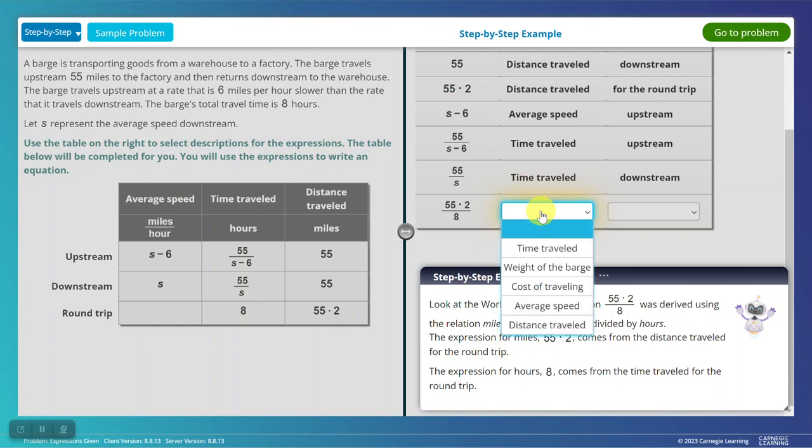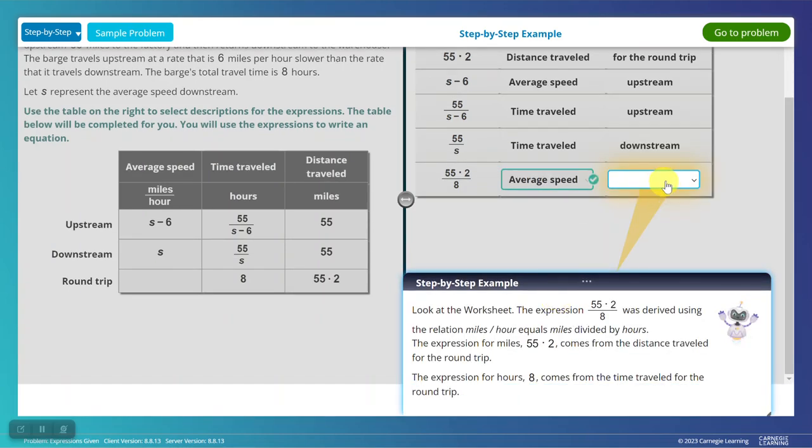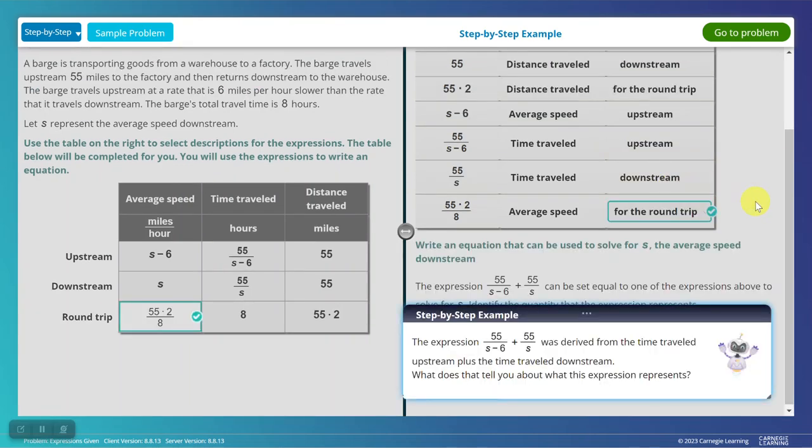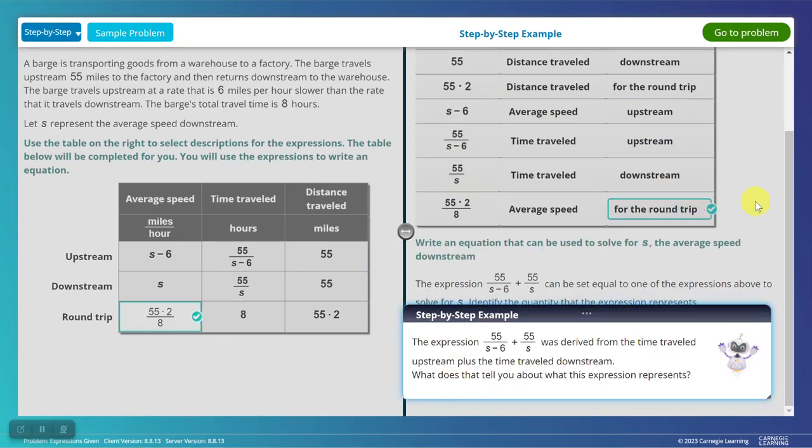So this is going to be the average speed for the whole trip. There we go. Just wasn't clicking for some reason.